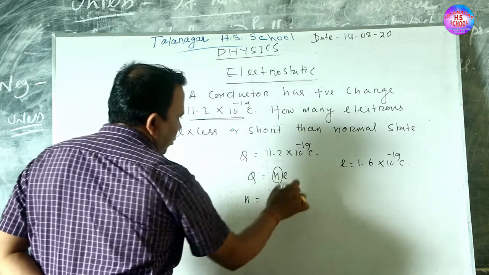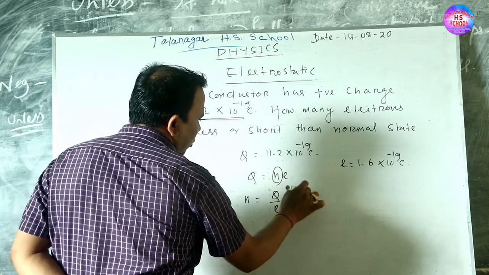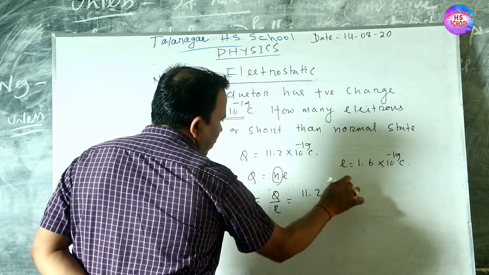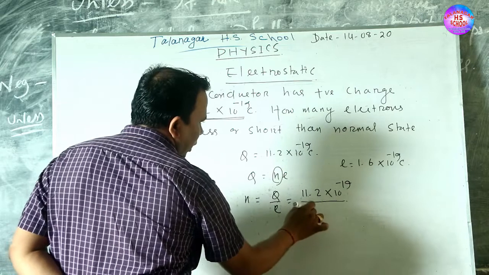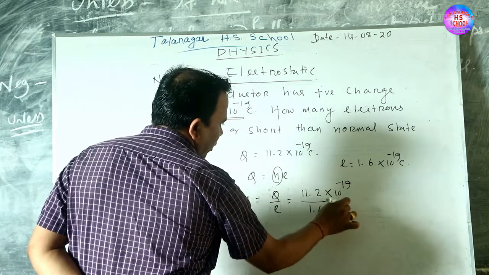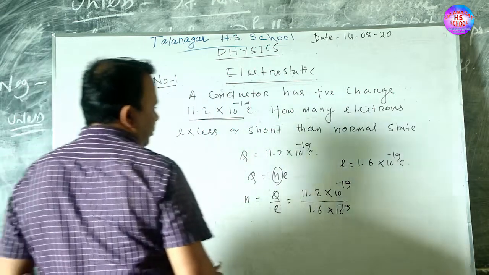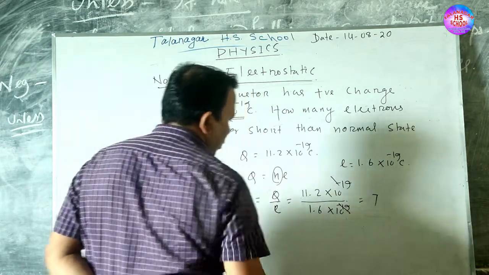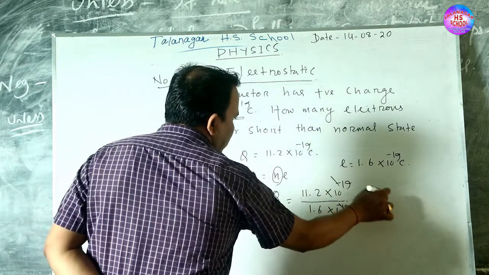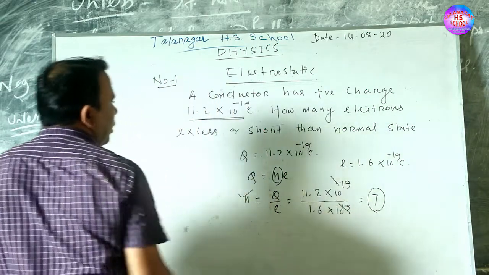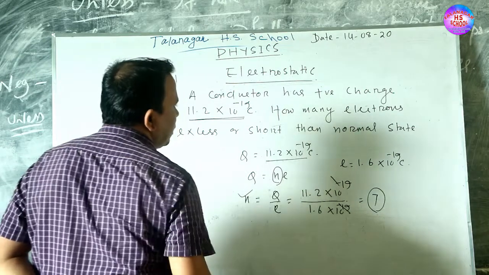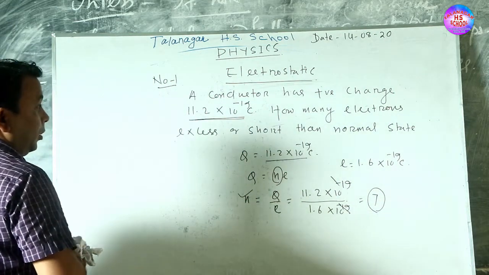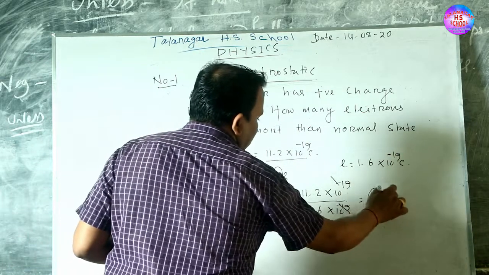Substituting, N equal to 11.2 into 10 to the power minus 19 by 1.6 into 10 to the power minus 19. Cancelling, we get 7. The number of protons here is 7 because it is a positive charge. Therefore, the number of electrons short is 7.